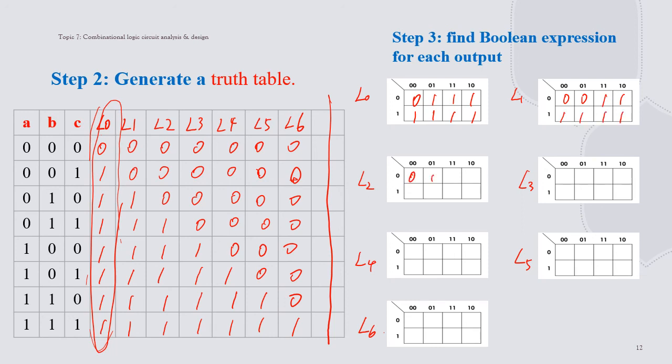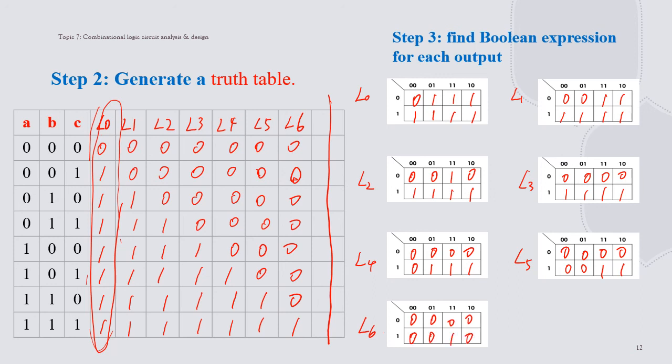For L2, 0, 0, 0, 1, 1, 1. L3, 0, 0, 0, 0, 1, 1, 1, 1. Then 0, 0, 0, 0, 0, 1, 1, 1. Then 0, 0. This is L5, so we got 6 zeros. Finally, we got 7 zeros.